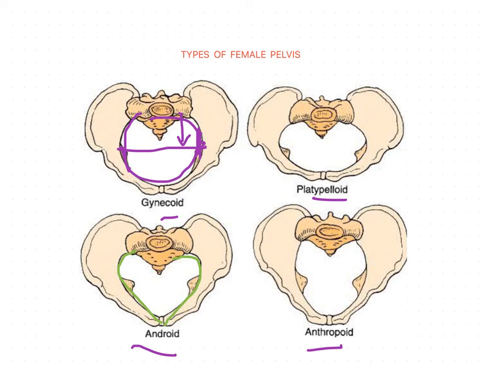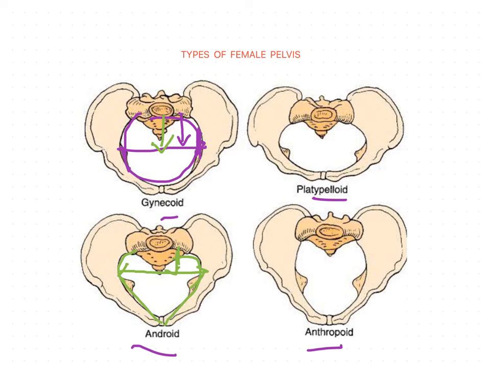The transverse diameter is the widest part, and here it is nearer to the sacral promontory. In the gynecoid pelvis, the transverse diameter is placed well forward from the promontory. This is the difference.